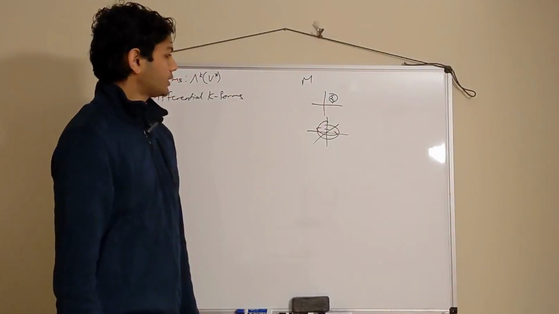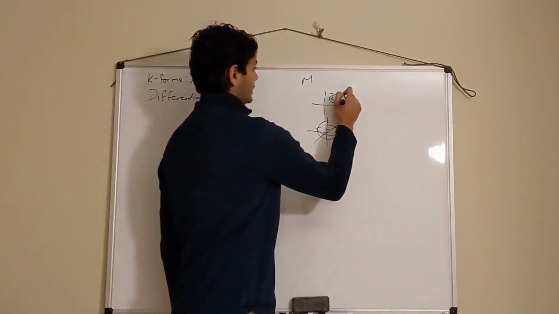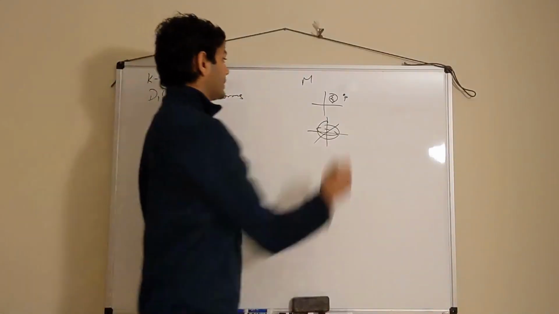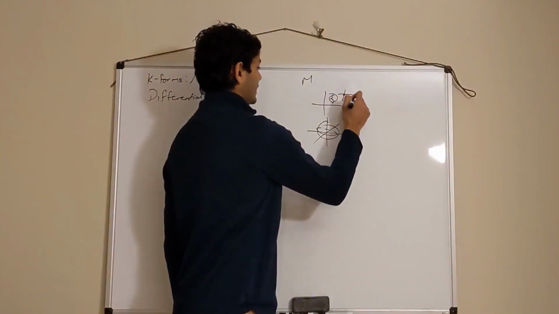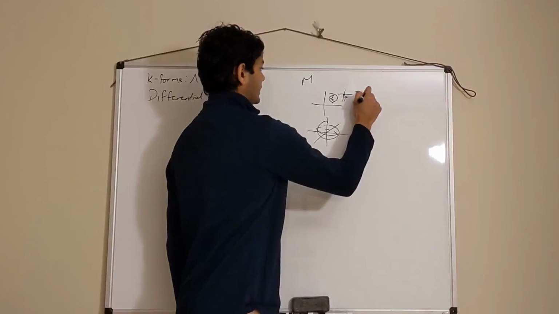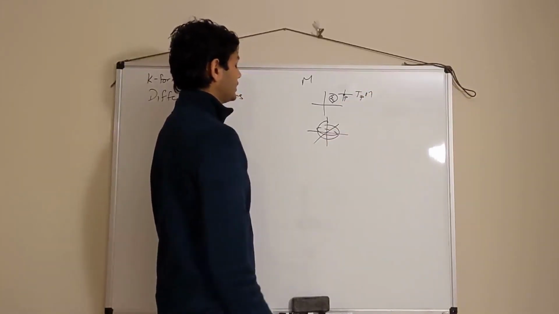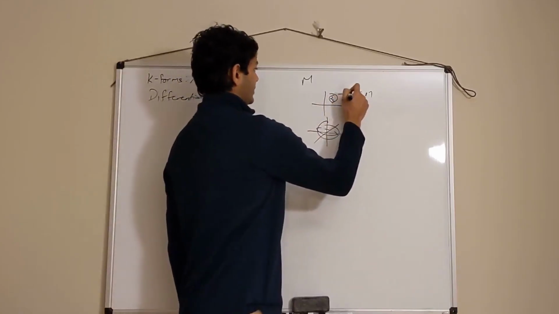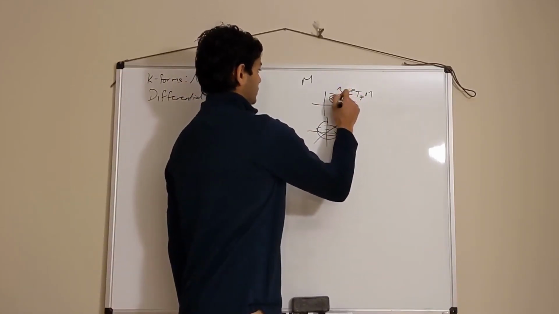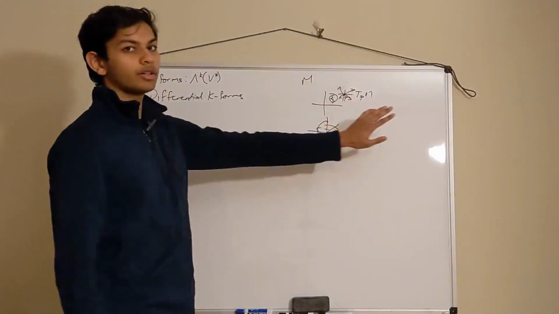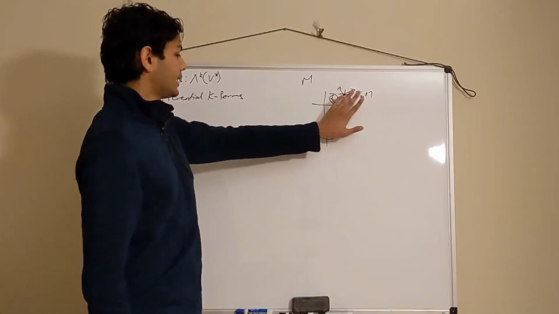And when I talk about the tangent space at a point, what I mean is that we have some point P. And what you should think about is a vector space that is attached to the point P, called T_P M, for the tangent space to M at the point P. And this vector space will be spanned by basically all vectors which are tangent to the point P. So if your space M is just R^n, then this is some n-dimensional vector space.